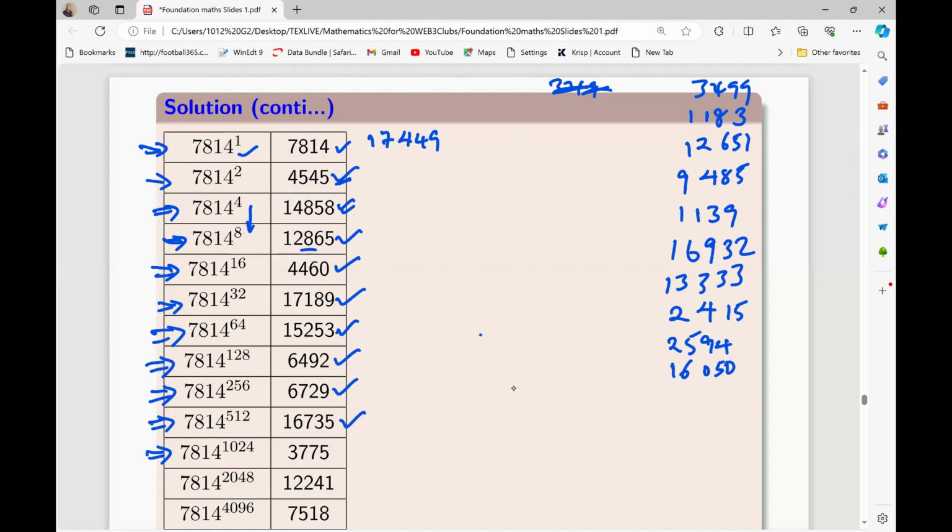I'm interested in the remainder here. The remainder is 3,775. Square to get the next line.